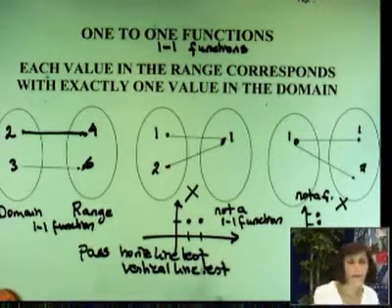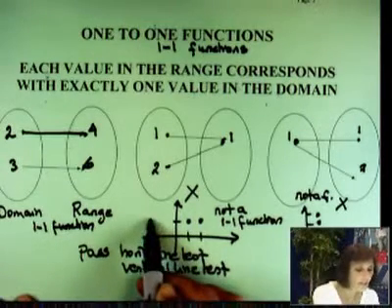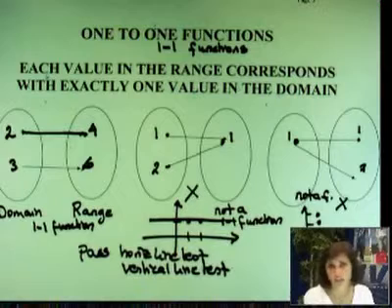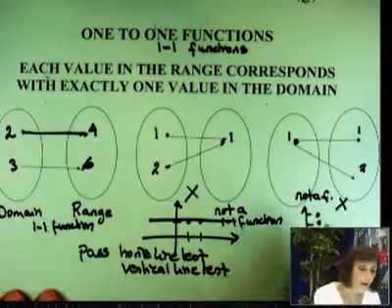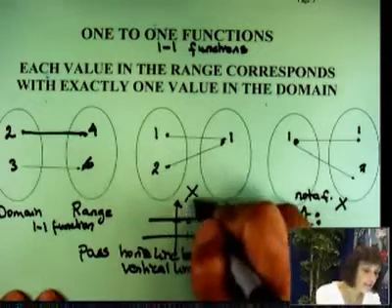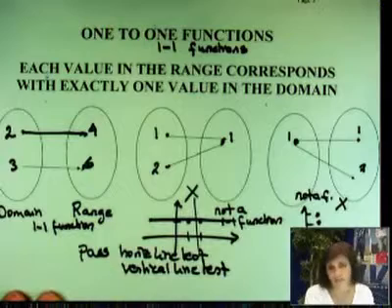Okay? So in other words, when you have pictures or ordered pairs, it needs to pass the horizontal line test. That means when you pass a horizontal line, you can only hit 1 point. Here I'm hitting 2. All right? And the vertical line test here, yeah, that is satisfied, but the horizontal line test is failed.